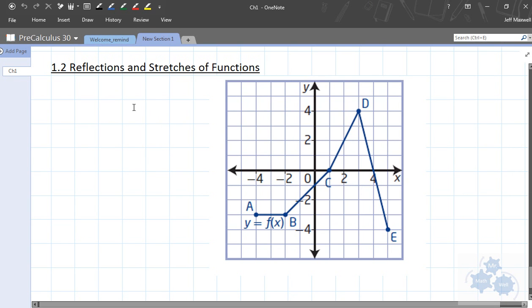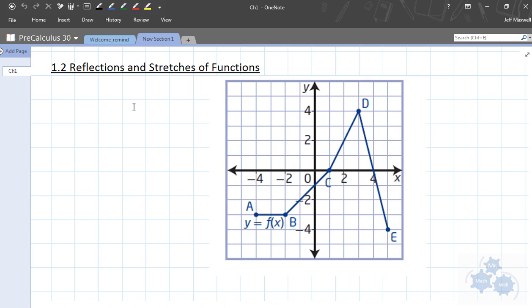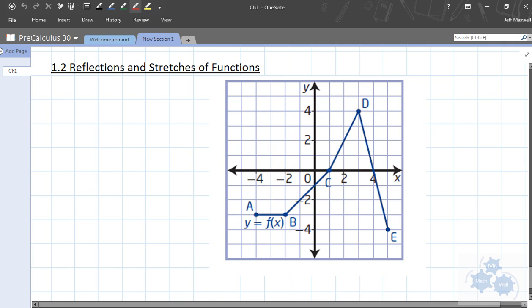Reflections and stretches. Okay, so 1.2 in your textbook there, we're going to talk about what happens when we have a reflection. Now when I say a reflection about the x-axis, that means the same as spinning around the x-axis. Okay, it's like the x-axis is the mirror, right?